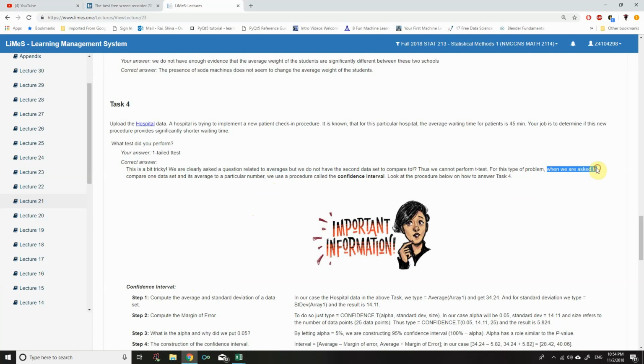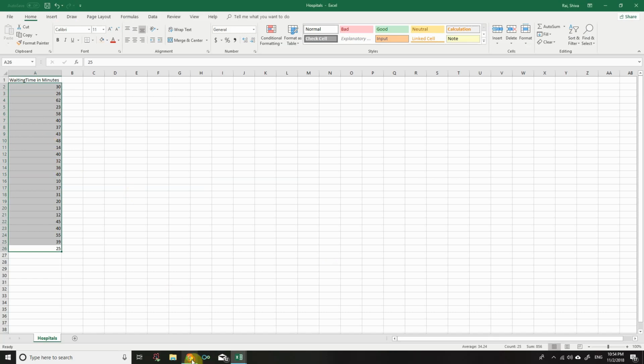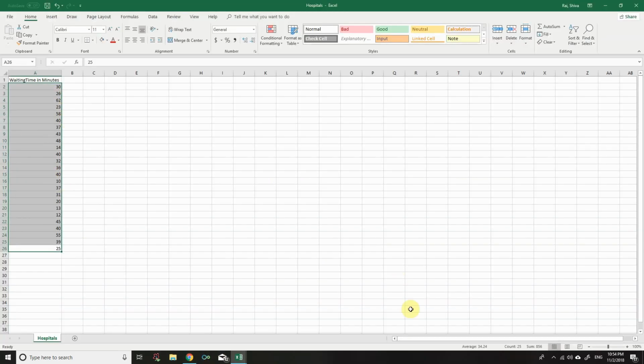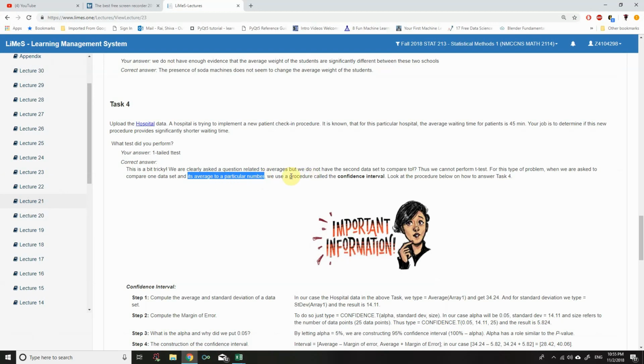This is one data set, and we compare its average, 34.24, to a particular number, 45 minutes. That's why we always use a confidence interval. So please note this down. Look at the procedure below on how to answer task 4.